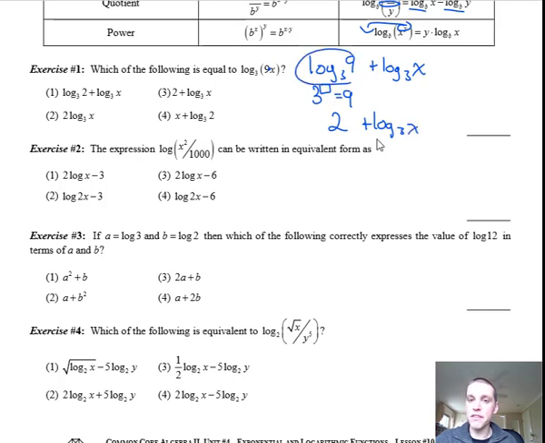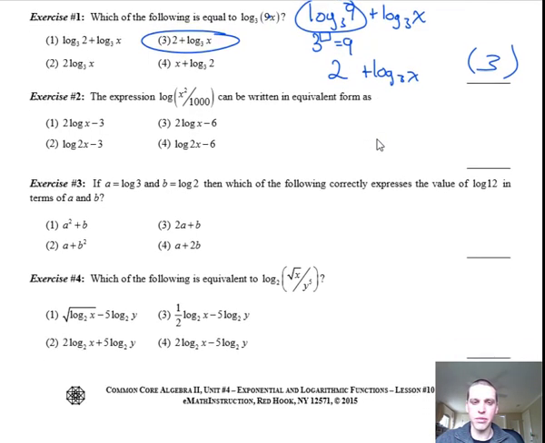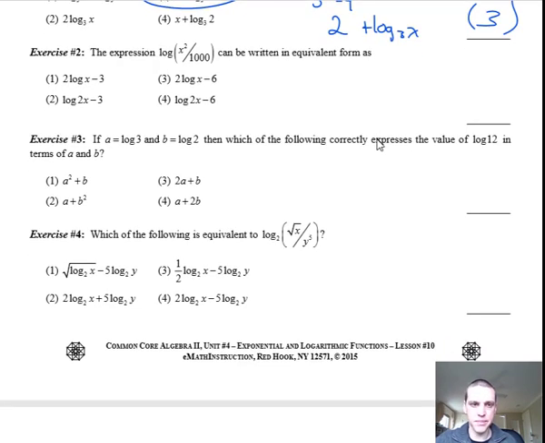We can simplify that portion by thinking, 3 to what power gives you 9? So we look over at the multiple choice. 2 plus log base 3 of x is choice 3. Notice that I didn't even look at the multiple choice first. I did the problem and then looked at the multiple choice. We don't ever want to look at the multiple choice first with these.